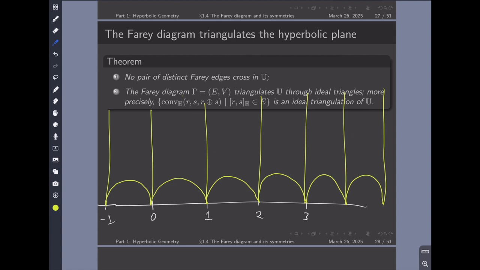Okay. So now for the first statement, that the Farey edges don't cross inside U. I think one way to proceed is by induction on the recursive construction of the Farey diagram, because if in each step I never have crossing edges, then in the limit I never have crossing edges.